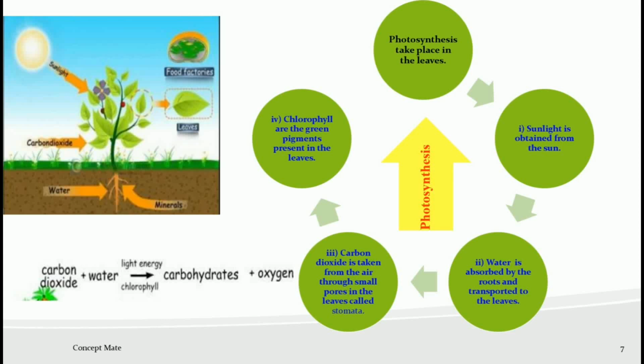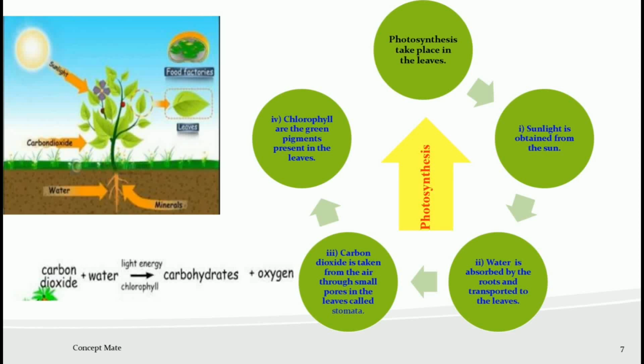Leaves are considered the food factory of a plant. So to prepare food, water and minerals are absorbed by the roots and transported to the leaves. Sunlight is captured by the chlorophyll. Carbon dioxide is taken from air through small pores called stomata, which are present in the leaves.